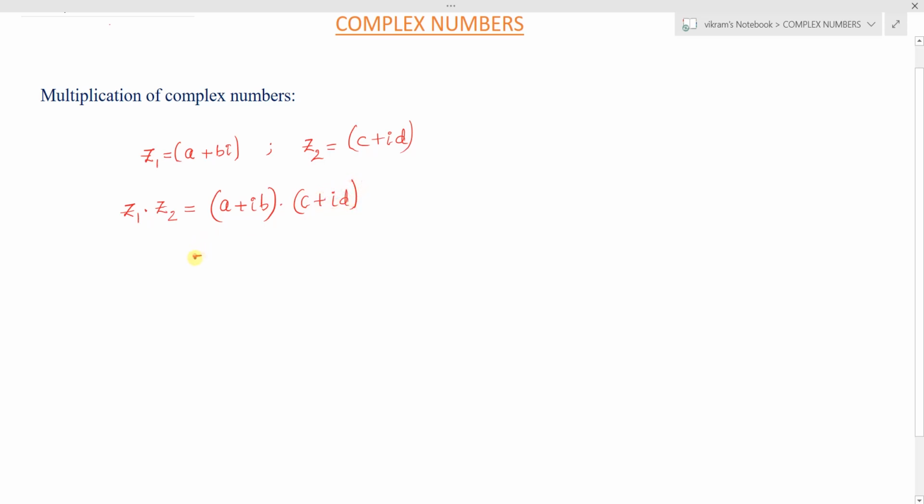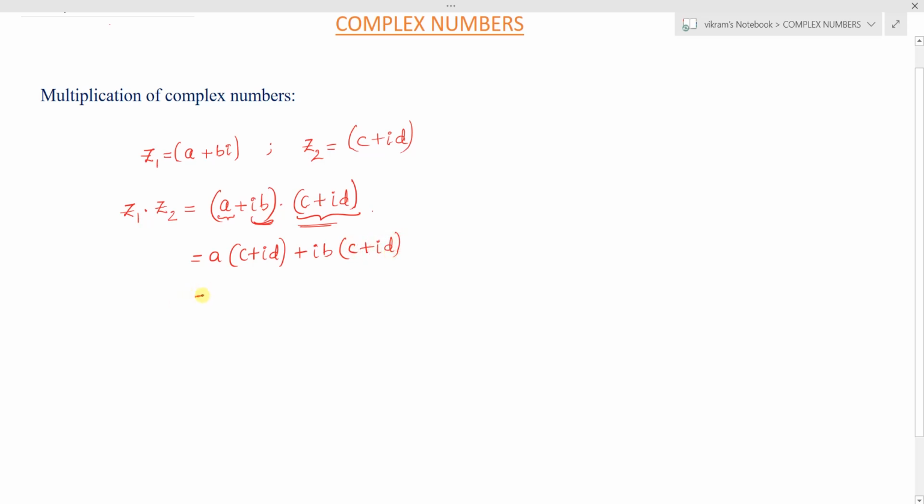So a is multiplied by c plus id, next plus ib multiplied by c plus id, which is the same as general real number multiplication.